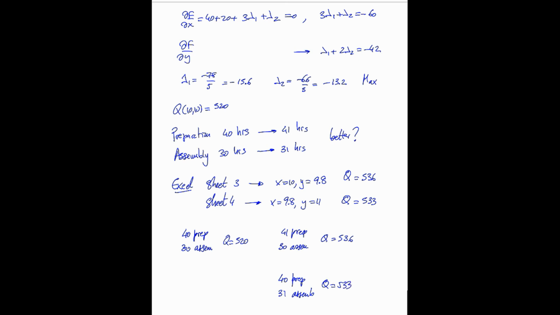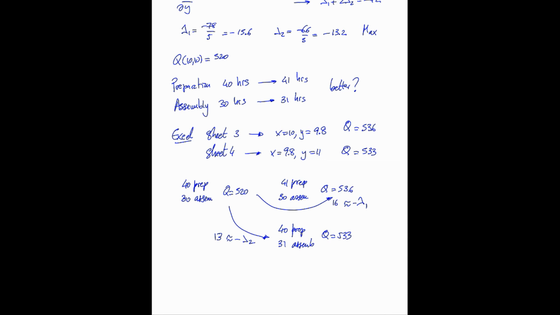If you look carefully, the increase from 520 to 536, which is 16, is approximately the negative value of the first multiplier. While from 520 to 533, the increase is 13, which is approximately minus lambda 2. So for the case of a maximum, increasing a restriction changes the value of the function by the negative of the multiplier.